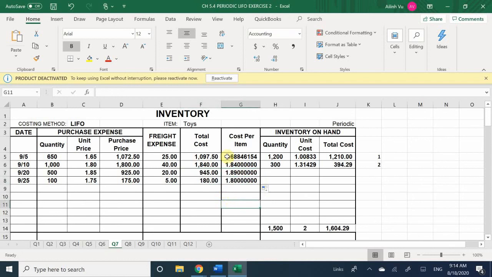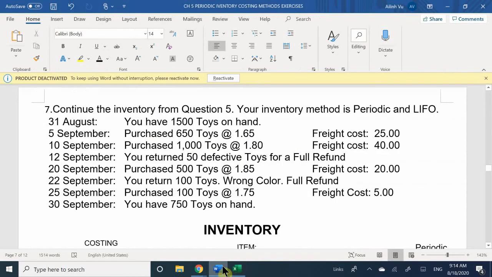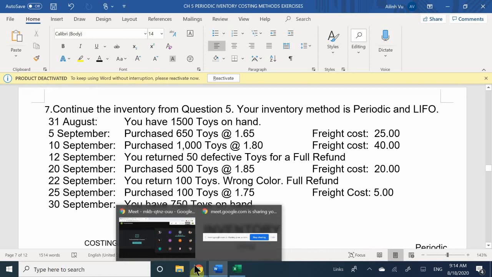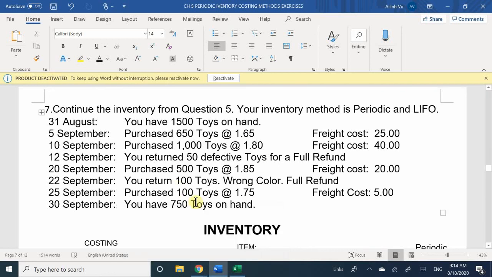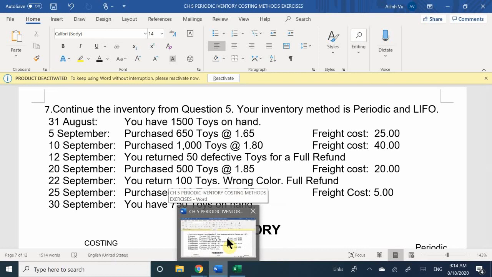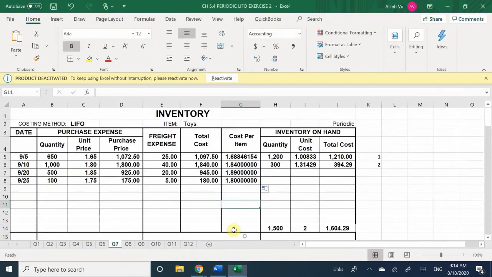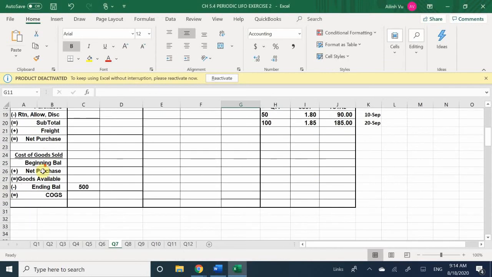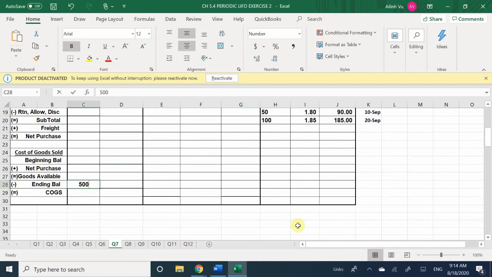Okay, good. Now, what is the last piece of information that we are given here? Ending balance 750. Ending balance on hand is going to be 750 items. So let's go ahead and mark in here that my ending balance is 750.